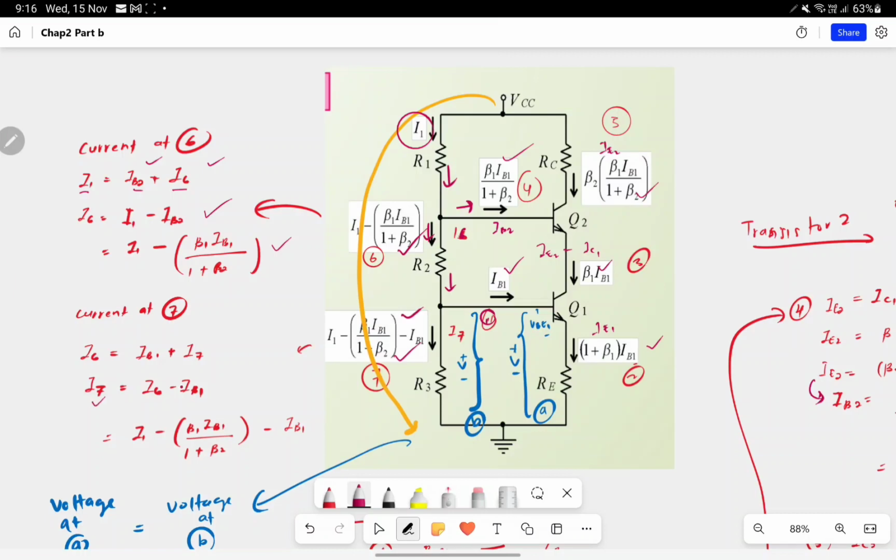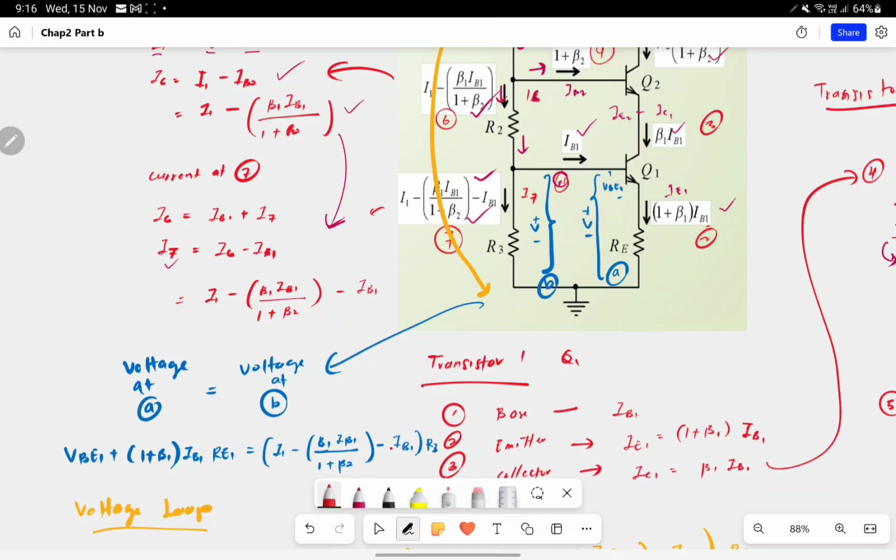I7 is equal to the input current I6 minus IB1. So we replace I6 with what I6 is, from here, minus IB1. So now we have covered all the currents separated or divided between all the junctions.